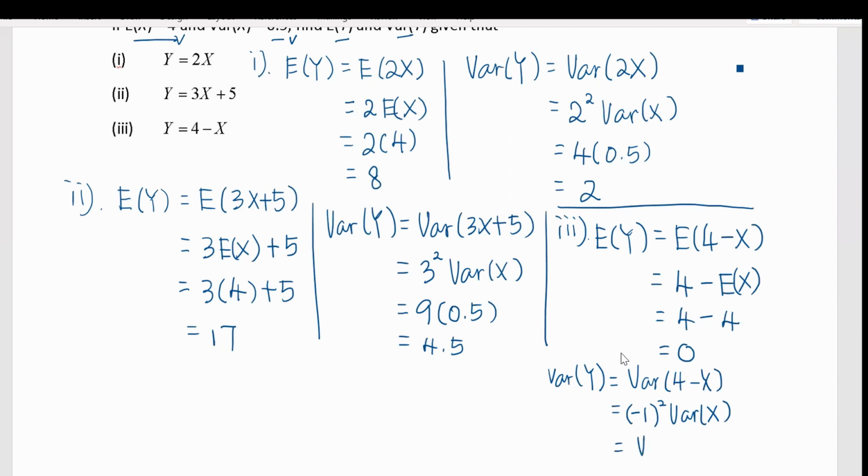So it is basically the variance of X, 0.5. Be reminded that variance will always be positive values.